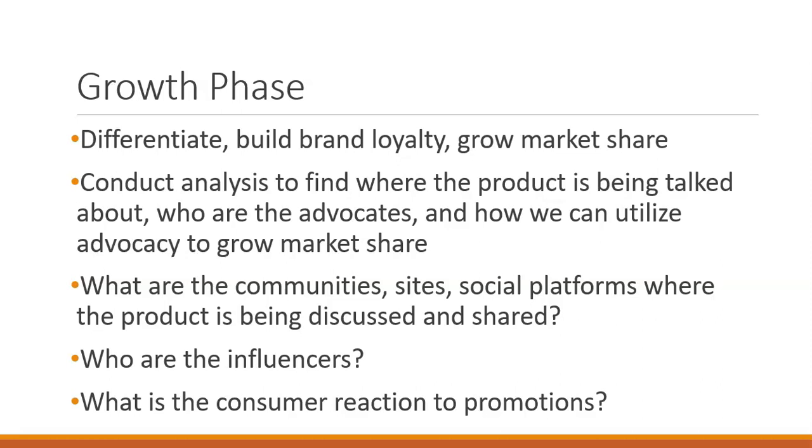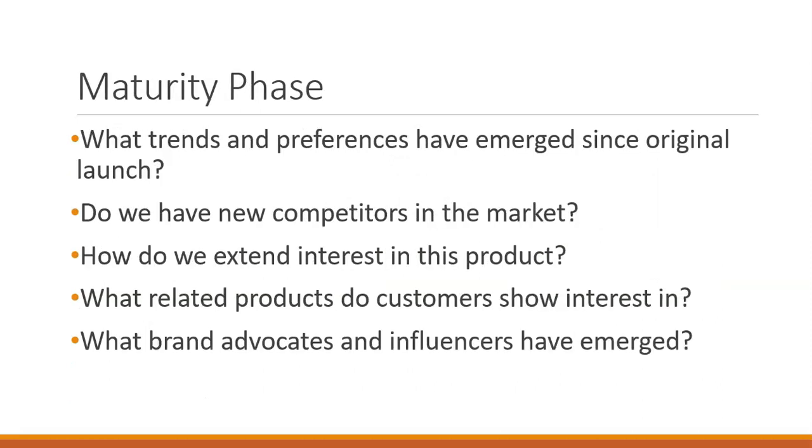After we reach the end of the growth phase, we get to the maturity phase. During the maturity phase, we might have new competitors in the market, and we're starting to see our sales peak and begin to decline. How do we then convince people to stay interested, if not just in our product, but also in our brand?